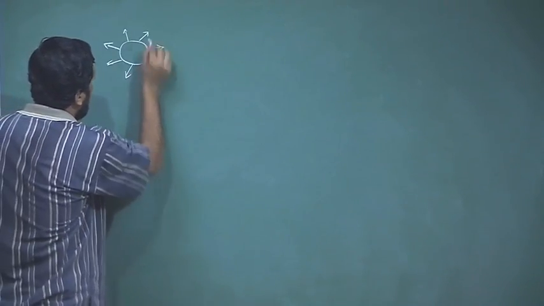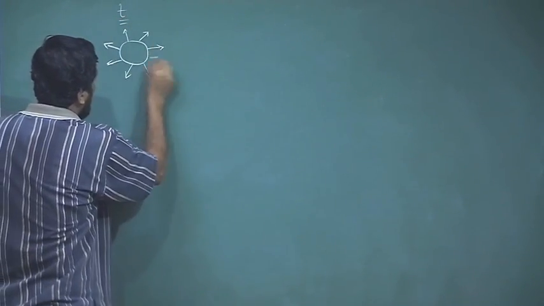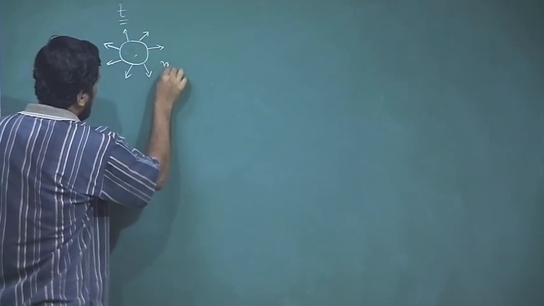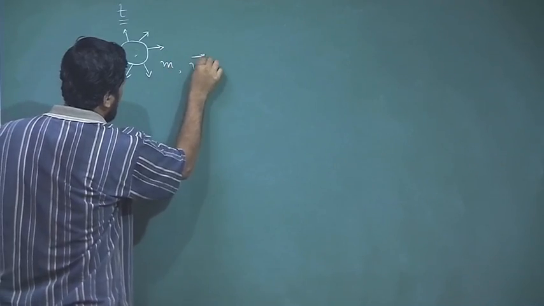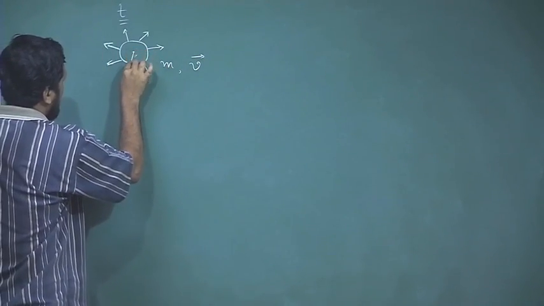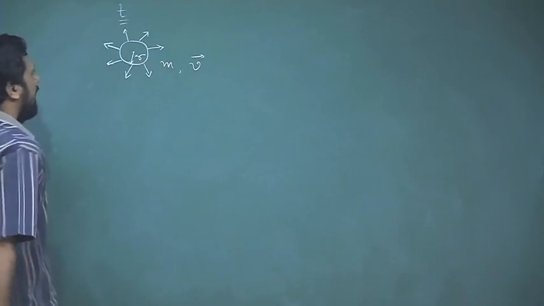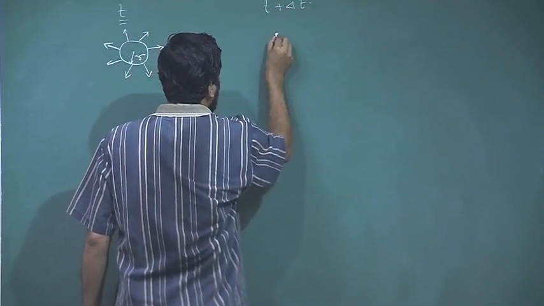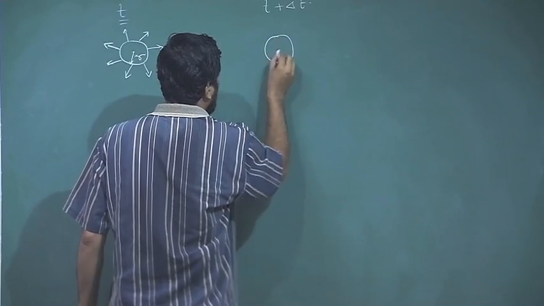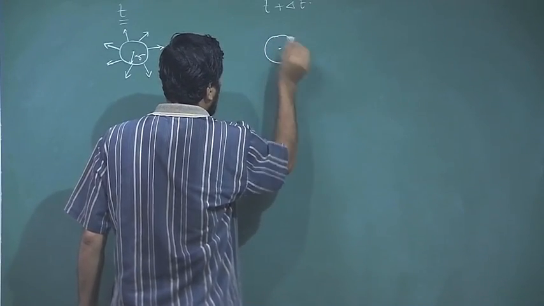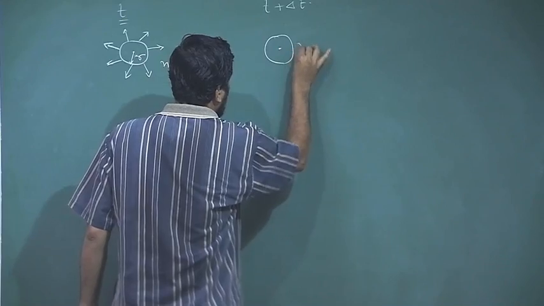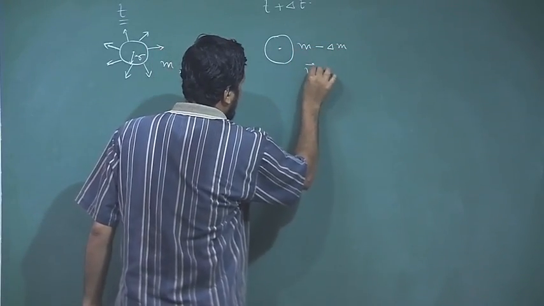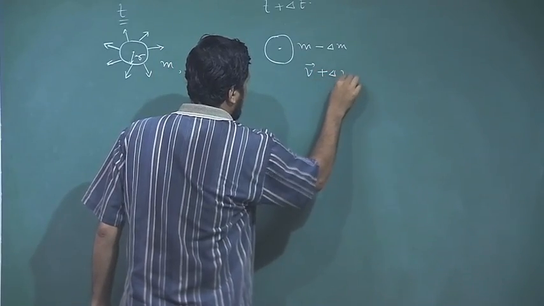So at time t we have a mass m, and let us say it has a velocity v, and assuming that there is a radius r. At time t plus delta t, it becomes m minus delta m. Let us say the velocity has changed from v to v plus delta v.